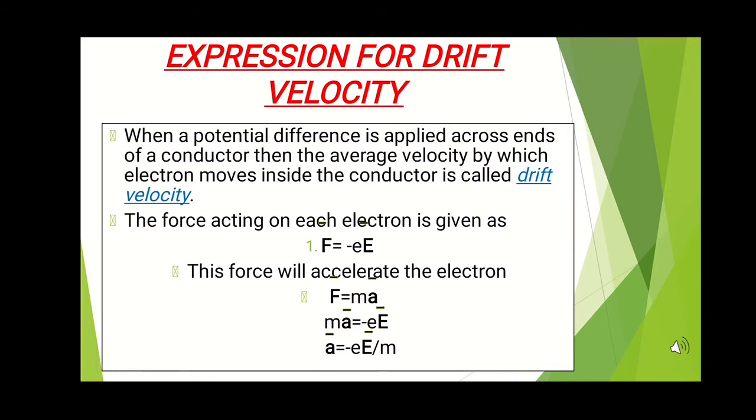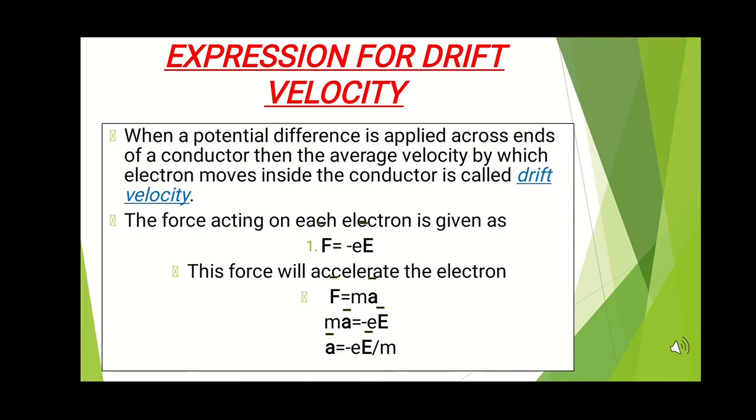The direction of motion of the electron is opposite to the direction of the electric field, so we have put the negative sign.